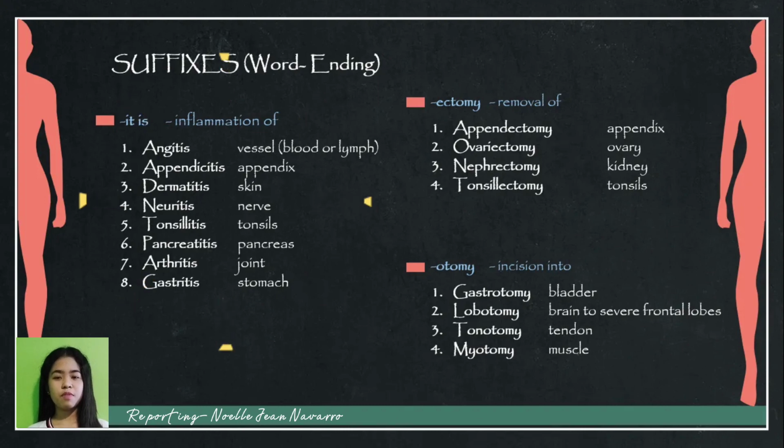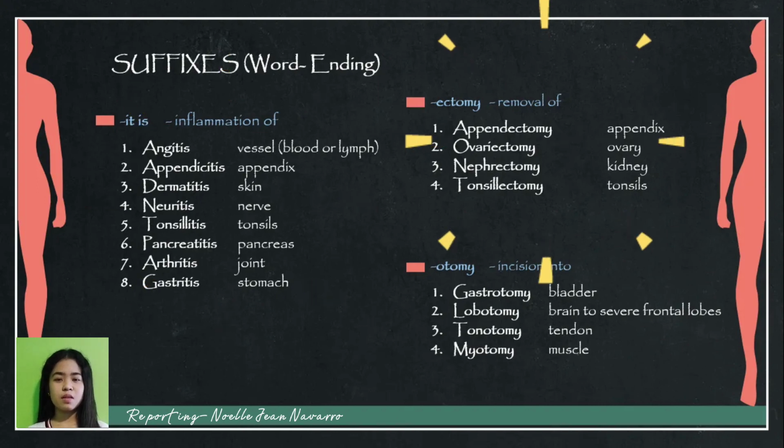Neuritis, inflammation of the nerves. Tonsillitis, inflammation or swelling of the tonsils. Pancreatitis, inflammation in the pancreas. And the arthritis, inflammation of the joints. Next is the gastritis or the inflammation of the lining in the stomach.